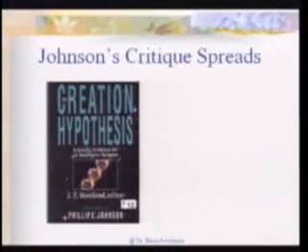Another book, The Creation Hypothesis, has a number of different writers: philosophers, physicists, astronomers, chemists, biologists, and linguists who critiqued Darwinism and promoted intelligent design. So it's not just Johnson the lawyer, it's a whole bunch of different scientists from different fields.